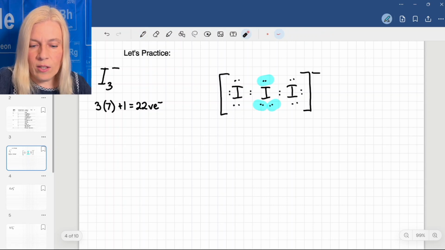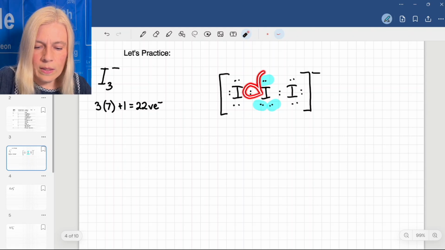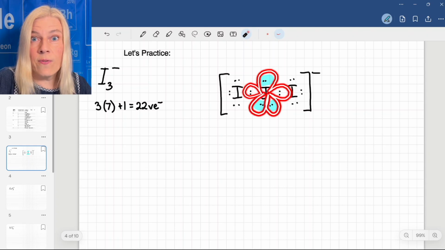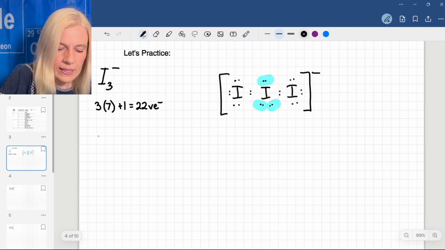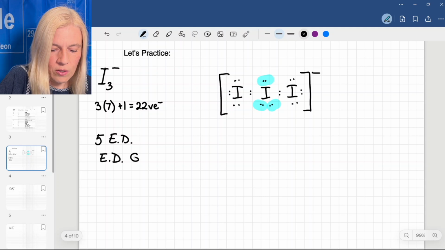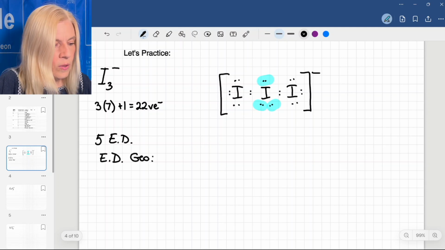Let's count our electron domains. How many do we have? Well, here is 1, 2, 3, 4, 5. We have 5 electron domains. It's getting a little harder, right? So my electron domain geometry is, do you remember?